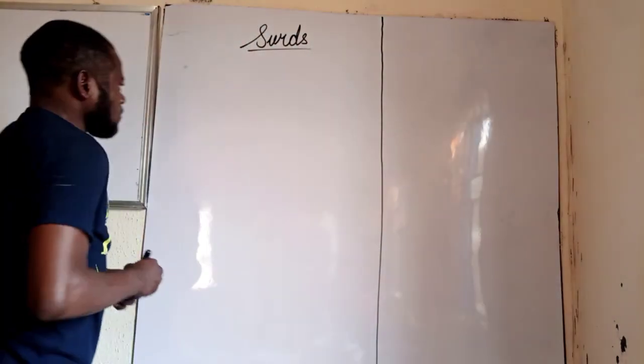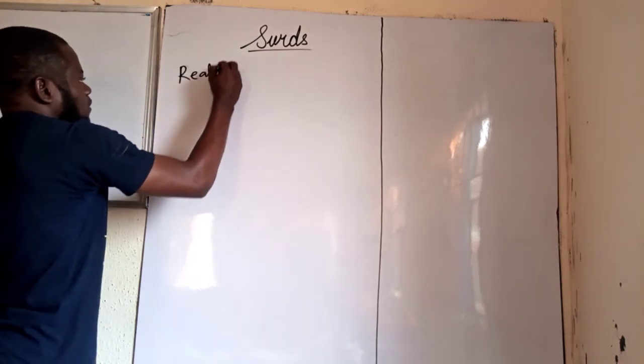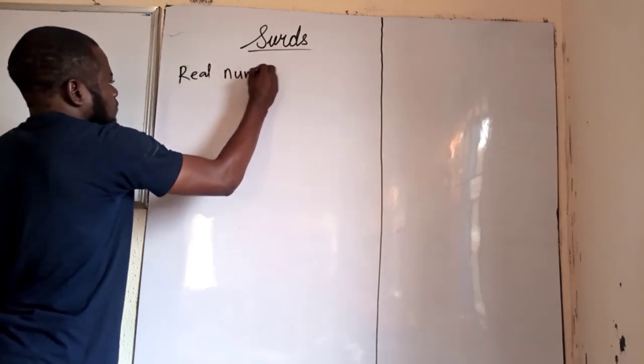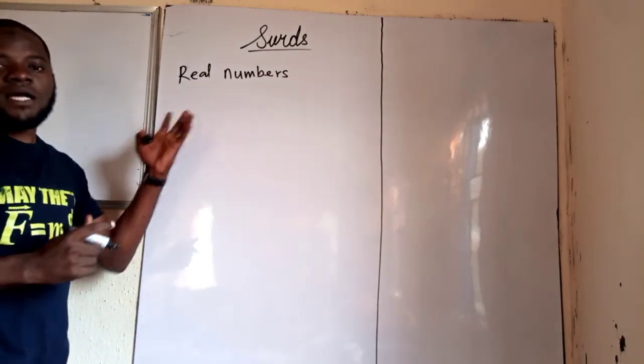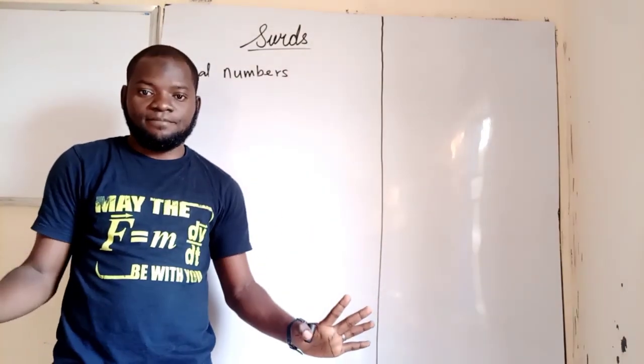Now, when you talk about real numbers, these are numbers that we can represent or see on a number line.